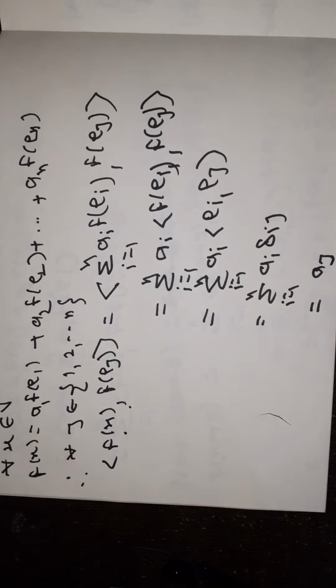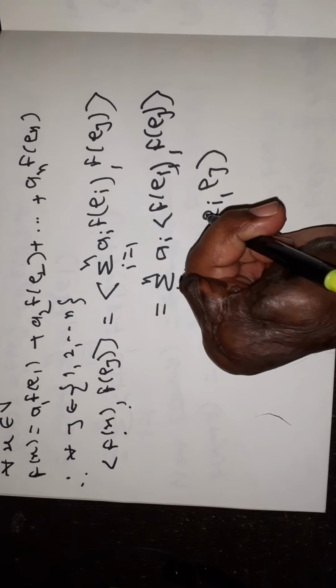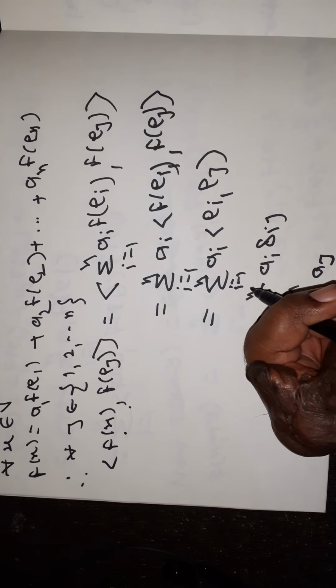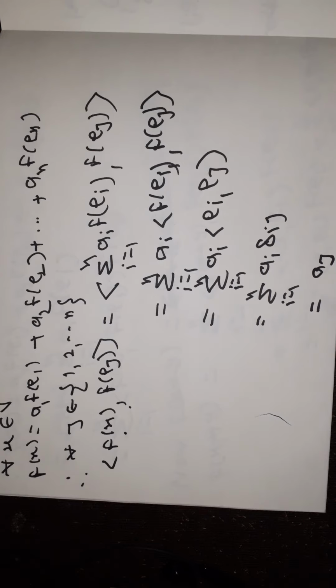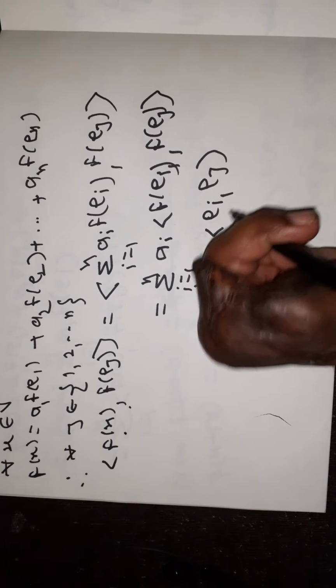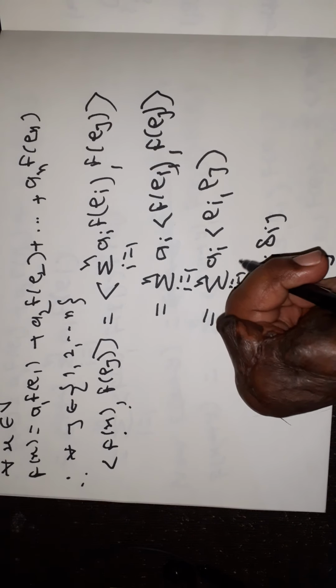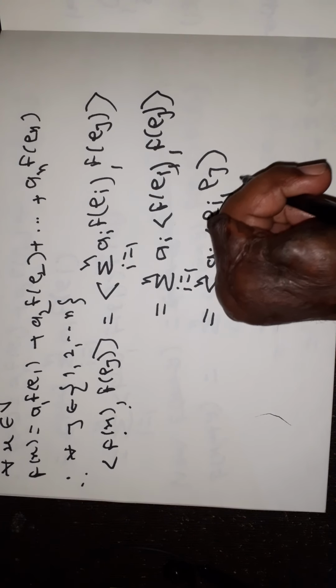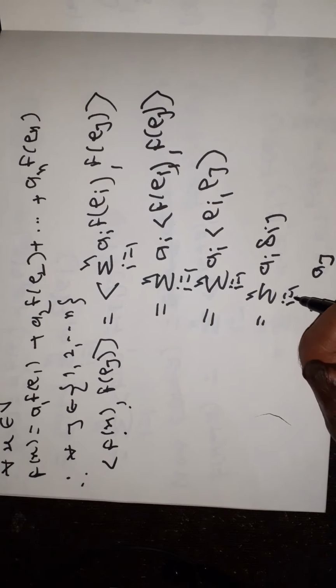This is according to the distributive law of inner product. Since the inner product of f(x) and f(y) is equal to the inner product of x and y, this is equal to sum ai times the inner product of ei and ej, which is equal to sum ai delta ij, which is equal to aj, because delta ij is equal to 1 when i is equal to j and 0 otherwise.